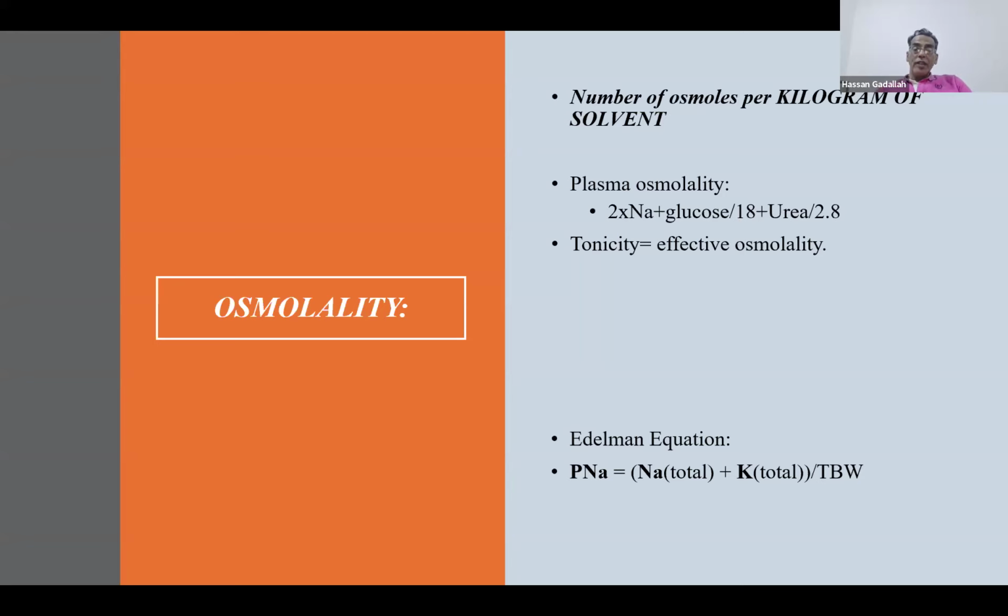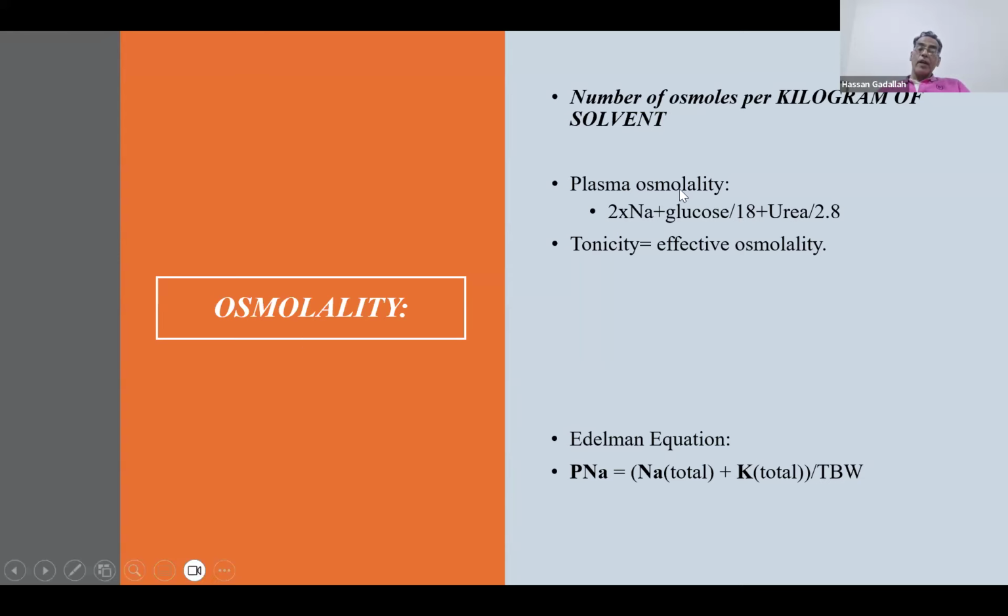osmolality and tonicity. Osmolality is the osmotic pressure created by any dissolved particles in a solution. But the tonicity, it's the effective osmolality. And what is the difference between osmolality and tonicity?